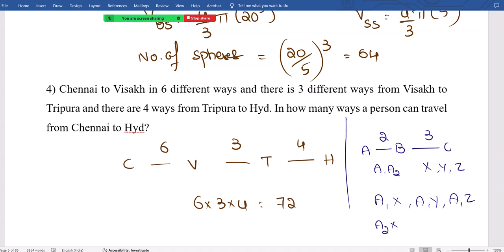Similarly, A2 X route, A2 Y route, A2 Z route. Likewise, we can plan A to B, B to C. You can have a look. This is 2 into 3, 6 is the answer. I'm just taking the basic example, not for 72. Whether it is addition or multiplication, if you have a doubt, this is how you can check it.